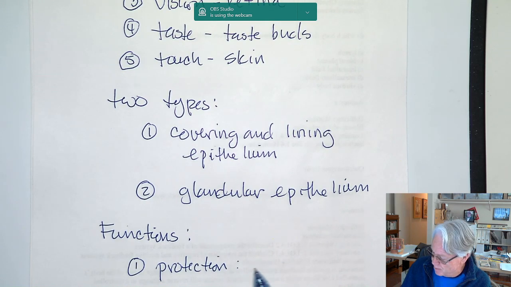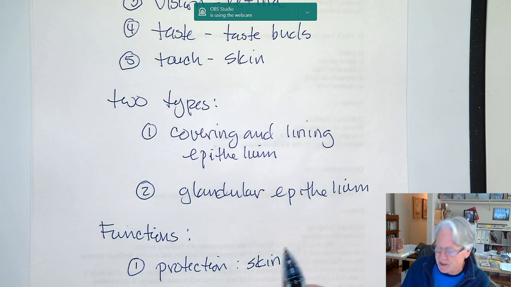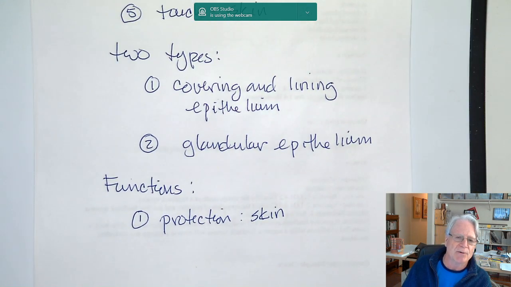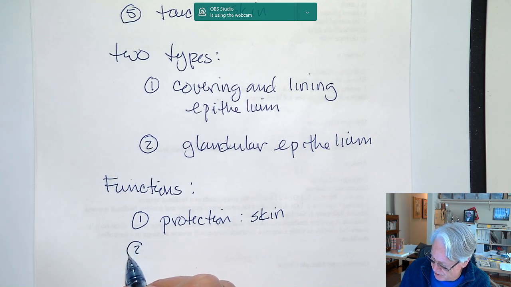And a classic example of that is the skin, although it is not the only example. So when I give you these examples, they're typically not exhaustive lists, but enough to give you a sense of the idea of what that particular statement or principle is talking about.